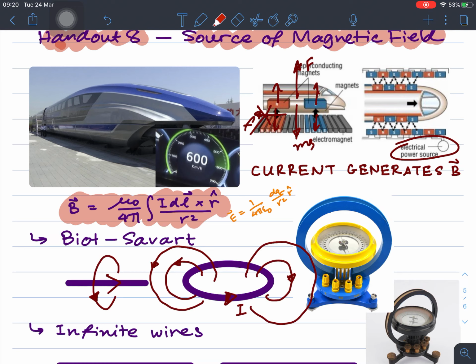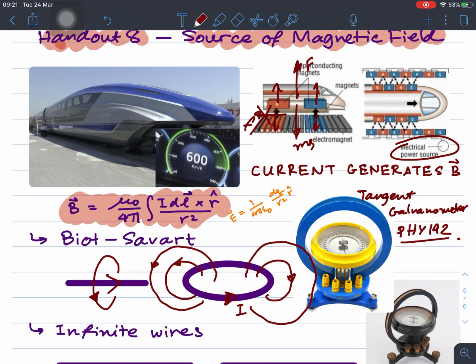An application you can see from this system of the current ring, the coil that can generate a magnetic field, is the tangent galvanometer. We have this instrument in the PHY104 lab. You can go and have a try in this lab. It's quite fun.